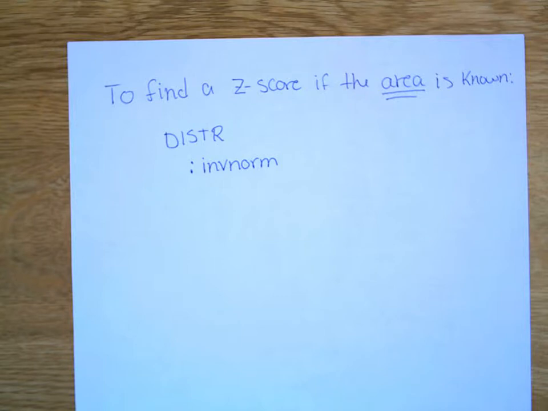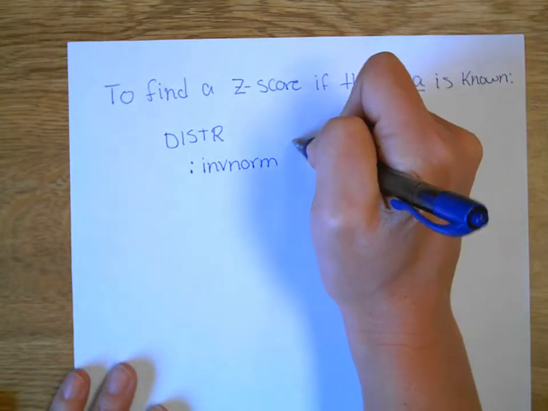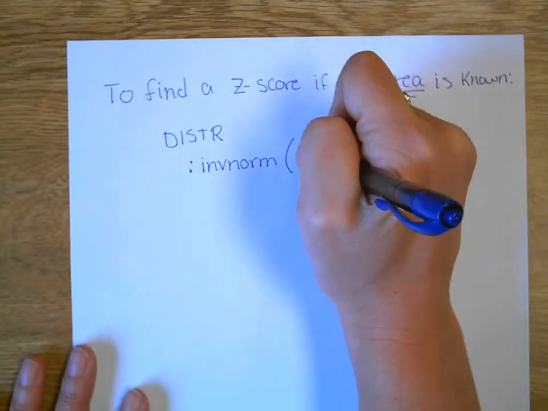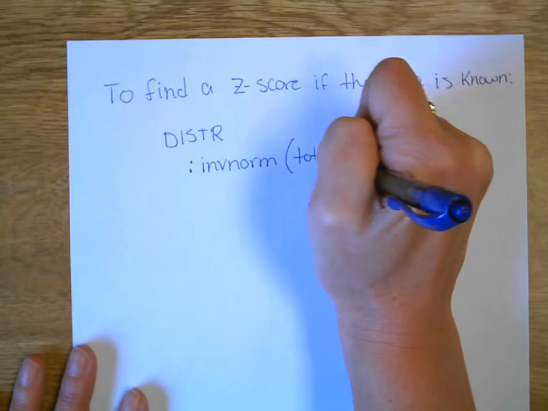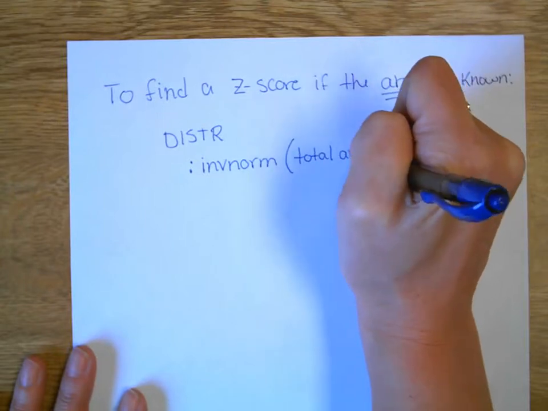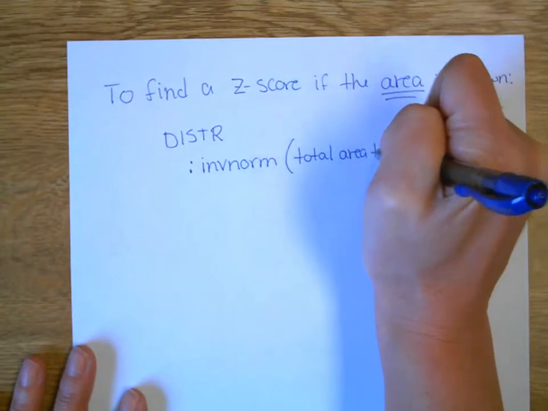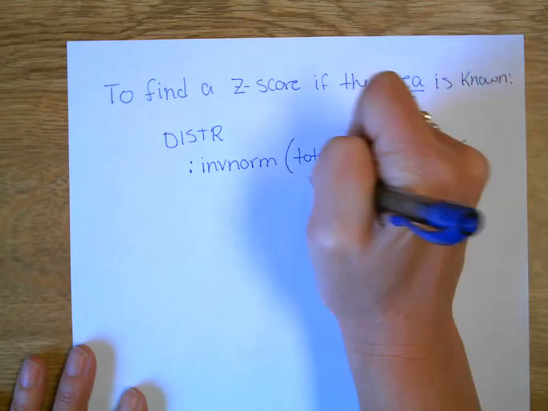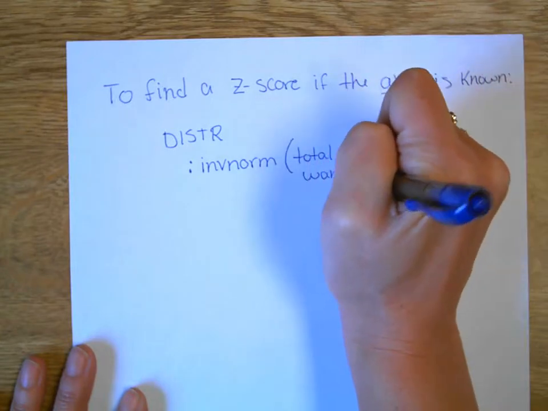And what you have to feed inv norm is the total area to the left of the wanted z-score.